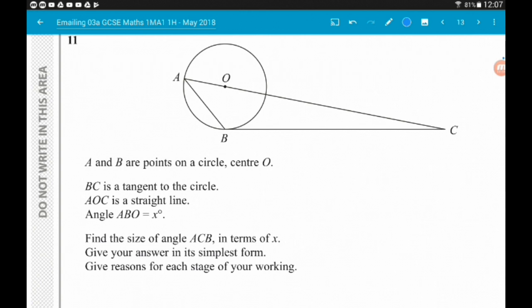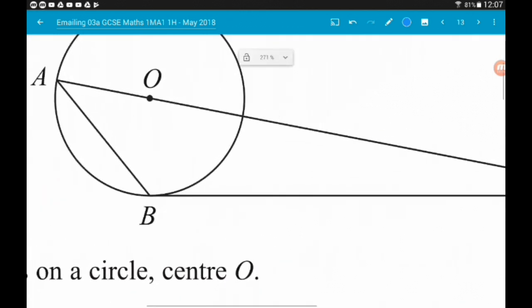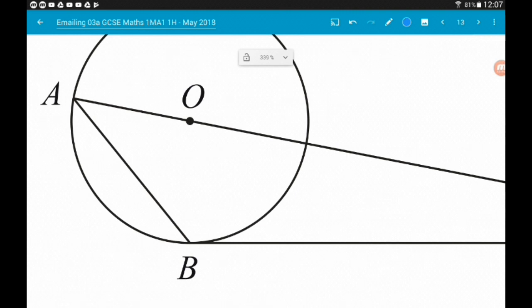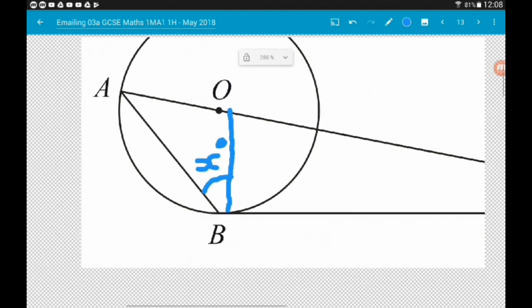So straight away, that's going to be important, so I'm going to draw that on. Angle ABO is the angle you get when you go from A to B to O. So, if I draw this line here, we know this angle is X degrees.